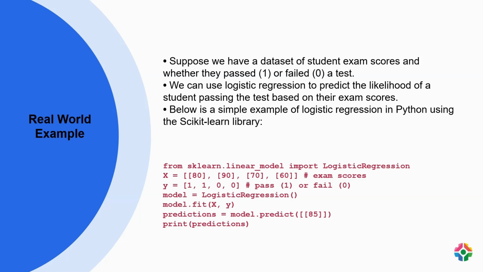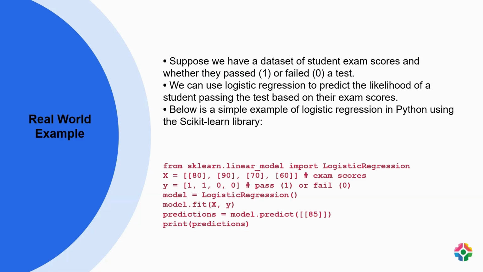In the provided Python example using scikit-learn, the code sets up a logistic regression model with exam scores as the input features, x, and pass-fail labels as the output, y. The model is trained on the given data using the fit method. After training, the model can make predictions on new data points, such as predicting whether a student with an exam score of 85 will pass or fail the test.